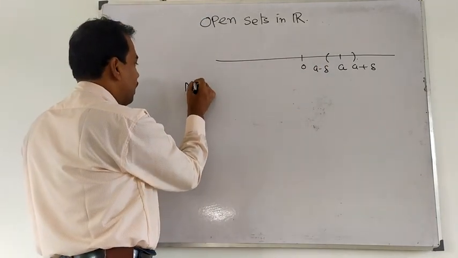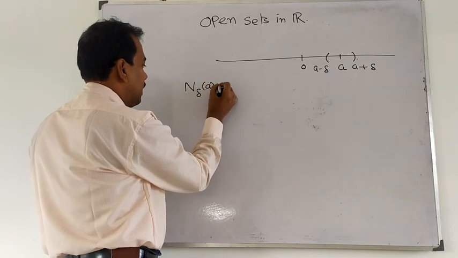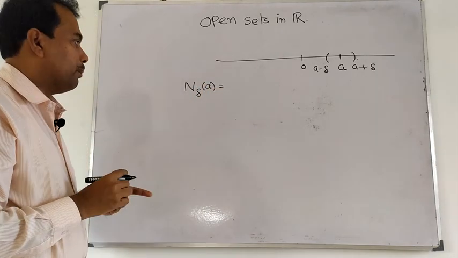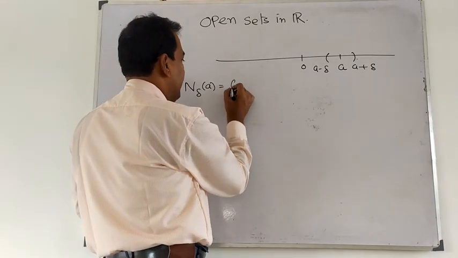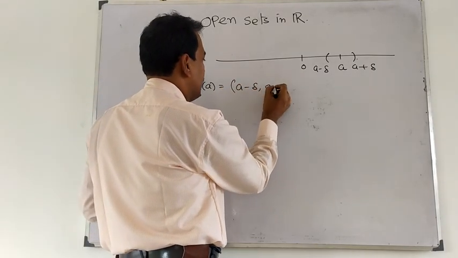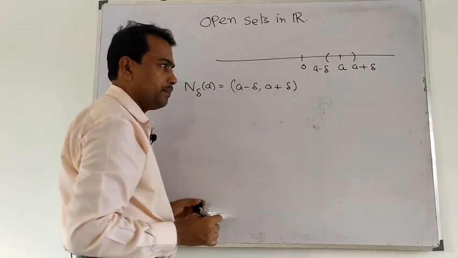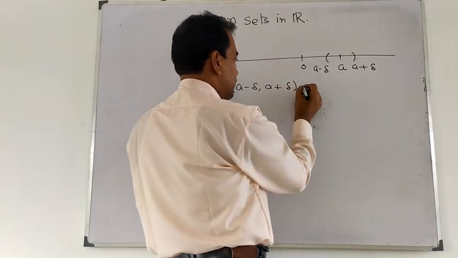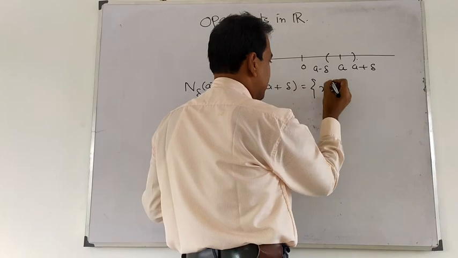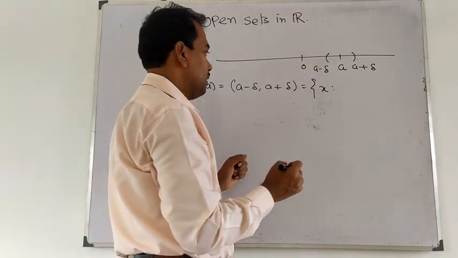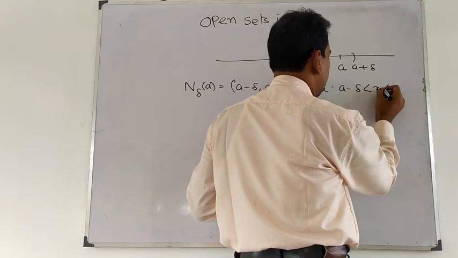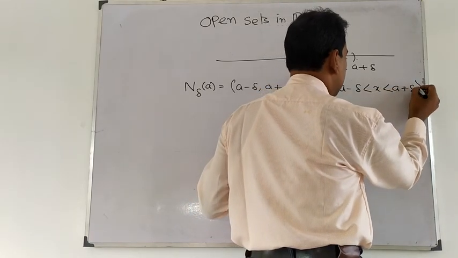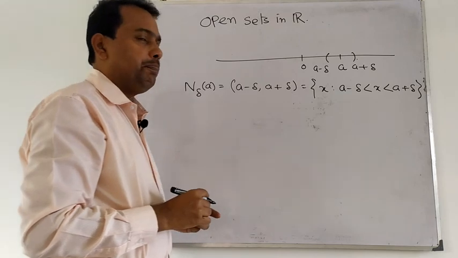The delta neighborhood of A is denoted by the symbol N delta A, which is the open interval A minus delta to A plus delta, that is, the set consisting of all real numbers which lie in between A minus delta and A plus delta.